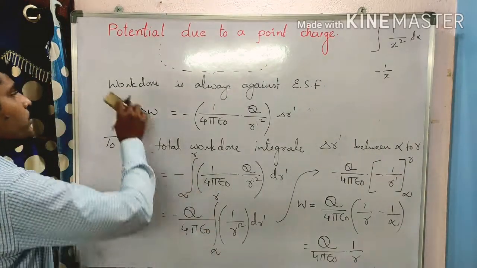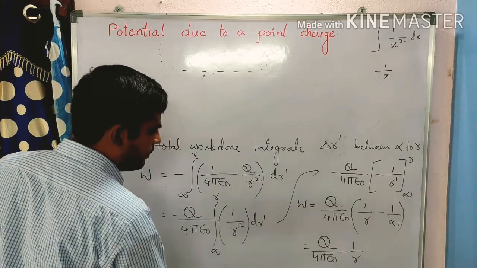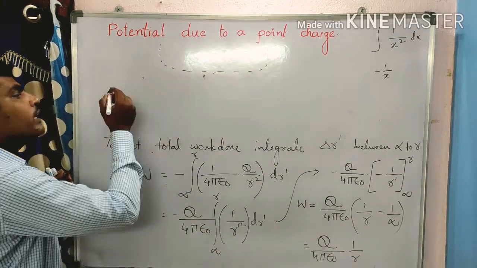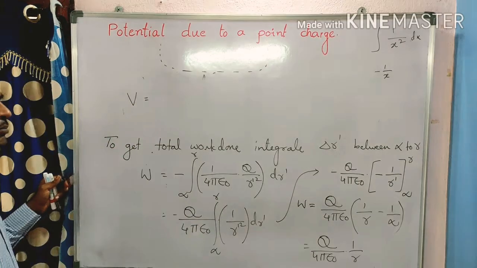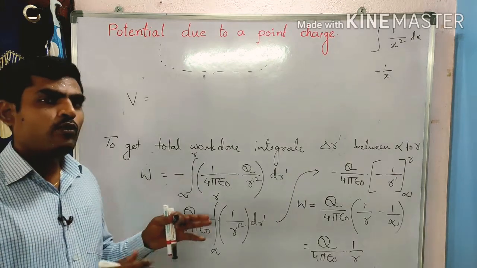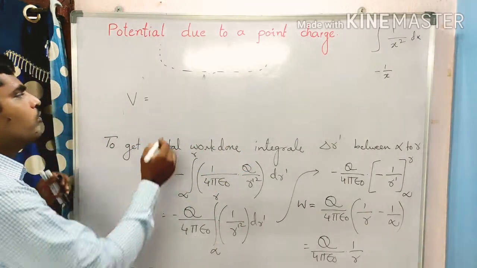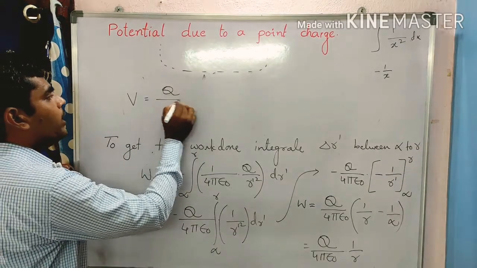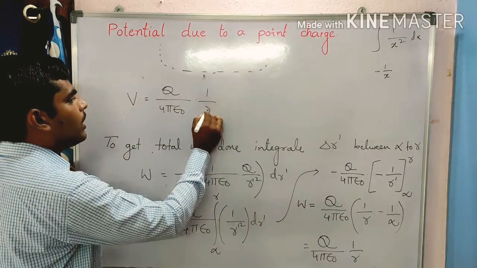Now from the definition of electrostatic potential, it is the work done by a charge in moving from infinity to a fixed point. The work done you got is Q by 4 pi epsilon naught into 1 by r.